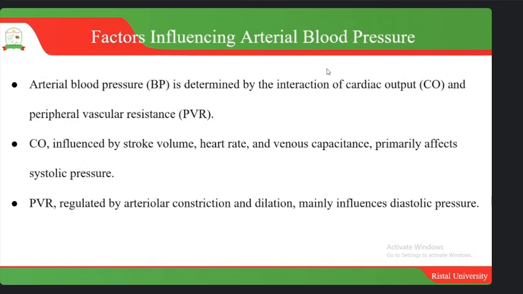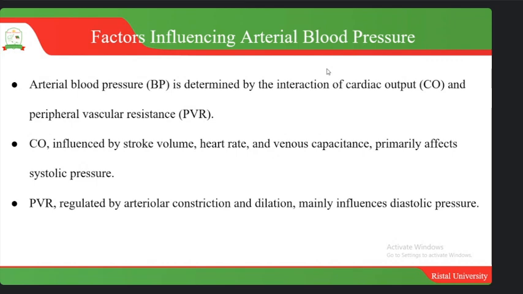Then also when there is a lot of peripheral vascular resistance, this is also a problem, because the blood will try to force itself through the resistance of the blood vessels, and by that there will be increased pressure, and this will raise the blood pressure of an individual.